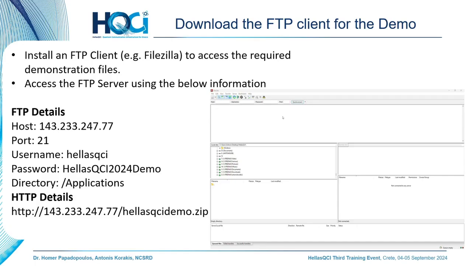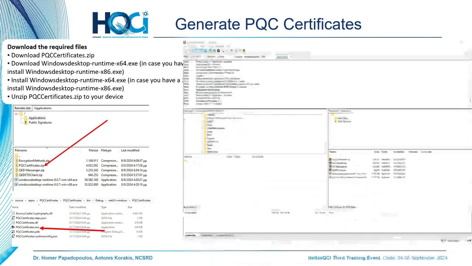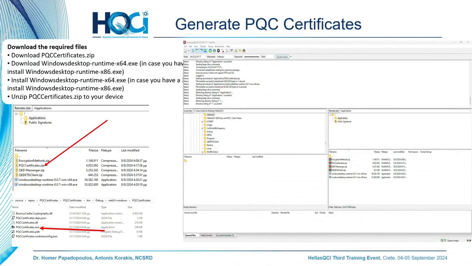You get this FTP client, you download this, and you put this data here, and you download all the libraries and all the modules, or you go to this HTTPS as the previous time.